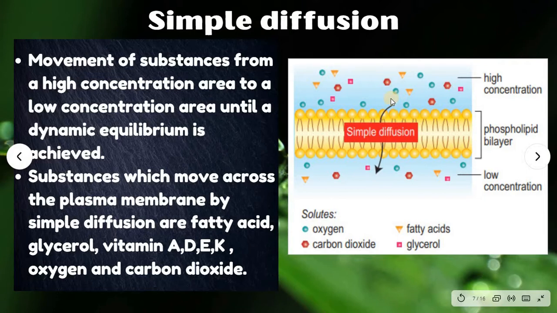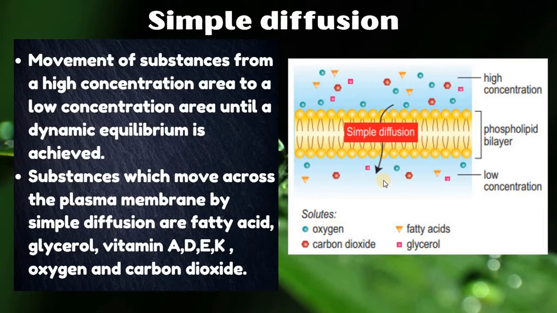So oxygen moves from the higher concentration area to the lower concentration area until a dynamic equilibrium is achieved. That is simple diffusion. You have to remember the substances that move across the plasma membrane by simple diffusion.